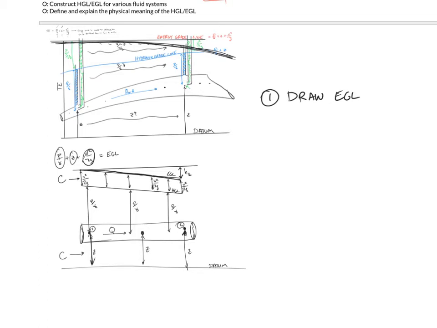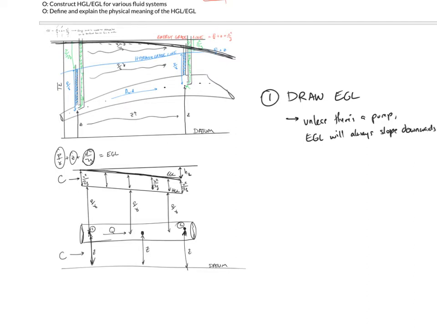But basically, unless there's a pump, the EGL will always slope downwards.